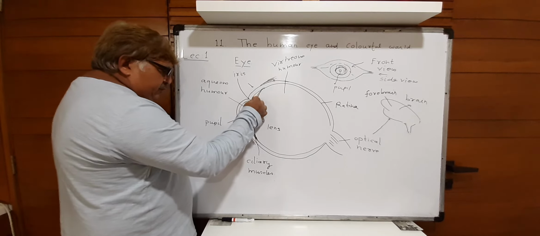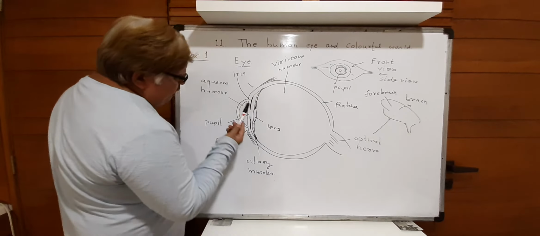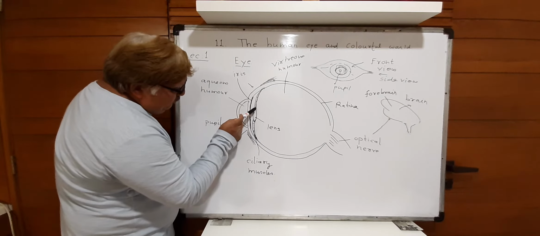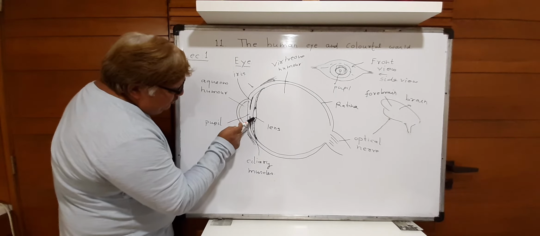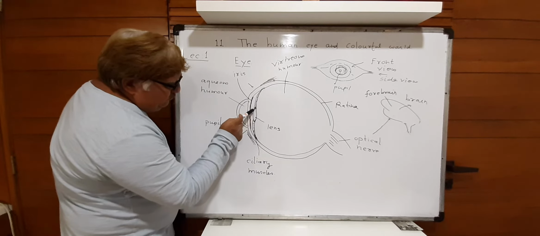Now the ciliary muscles are actually controlling the size of our lens.